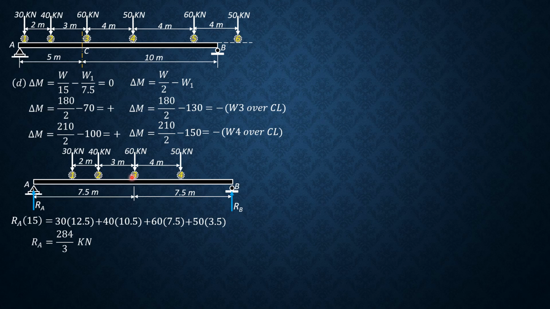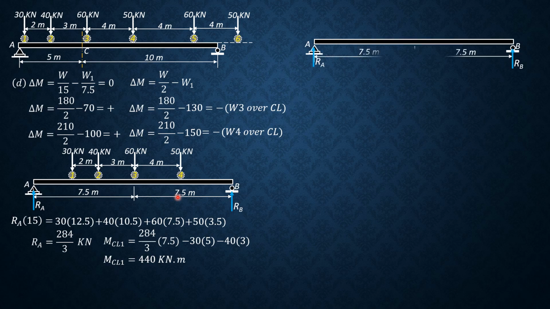So M center line 1 maximum possible is RA, 284 over 3, times 7.5 minus 30 times 5 minus 40 times 3. So the maximum moment at center line 1 is equal to 440 kilonewton meter.